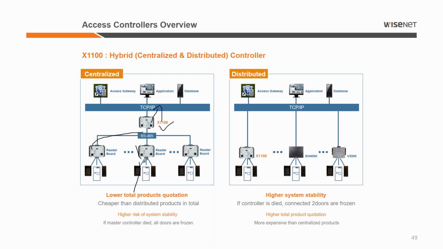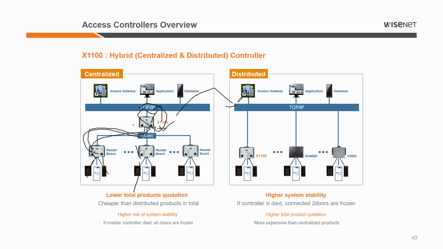Every time you swipe the card, the reader board will check with the main controller, then decide and then open the door. So it is always communicating with the brain of the system, that is the central controller. How many subcontrollers we will see in the next slide. The readers will speak only to the subcontroller, not to the main controller.